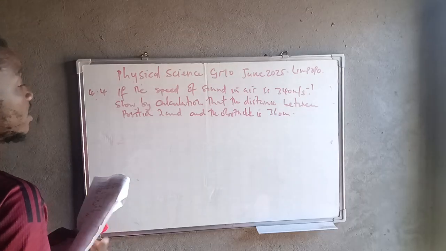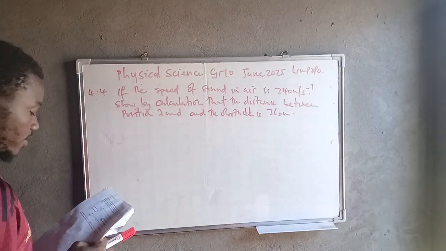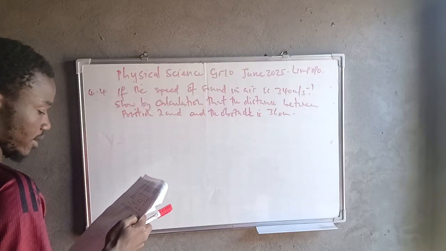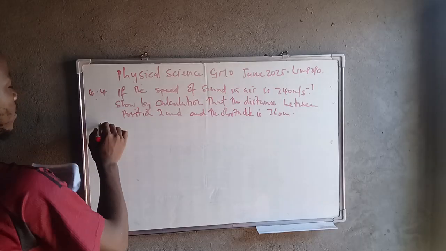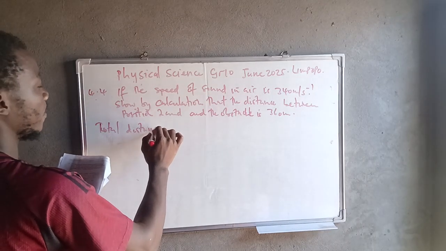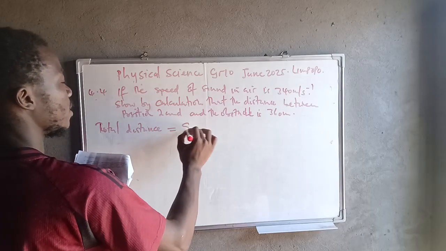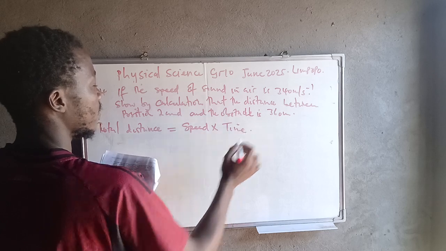So we're saying now the total distance traveled by sound, right? So D, total distance traveled by sound, is equal to the speed times the time taken.